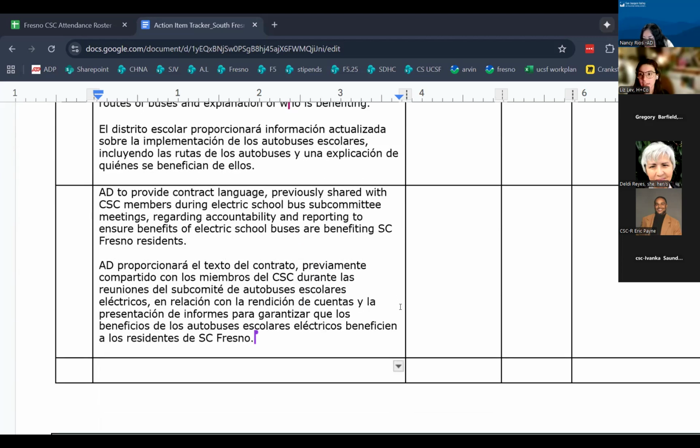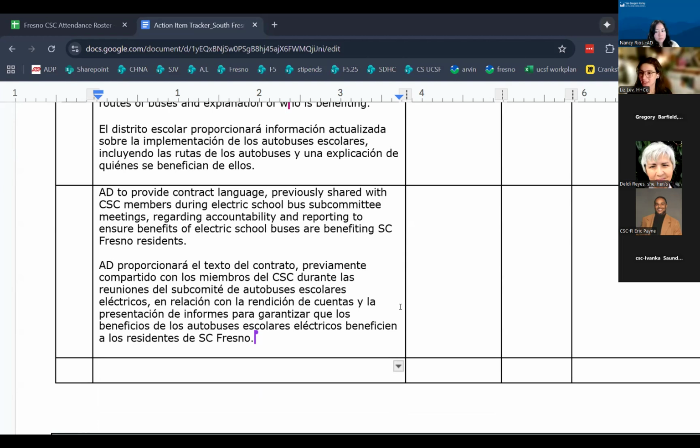And the last action item we have here, the Air District will provide contract language previously shared with CSC members during electric school bus subcommittee meetings regarding accountability and reporting to ensure the benefits of electric school buses are benefiting the South Central Fresno residents.